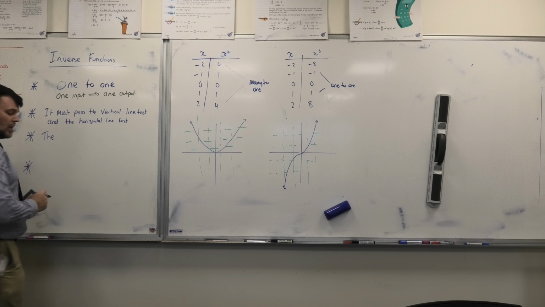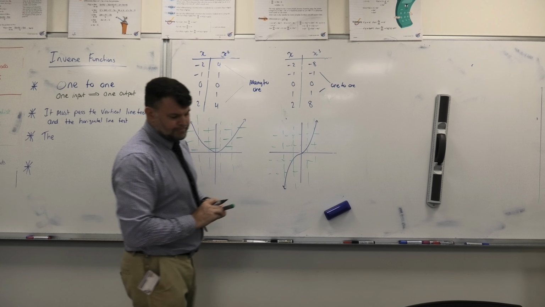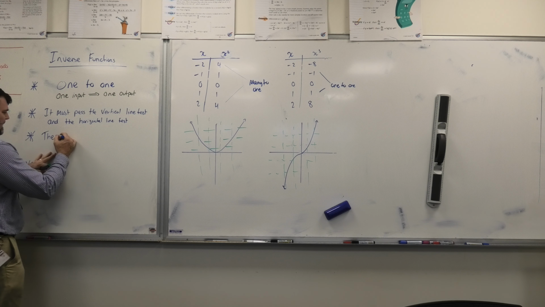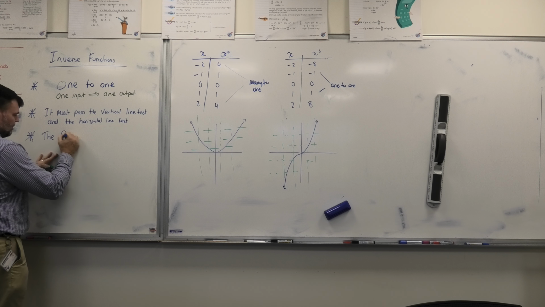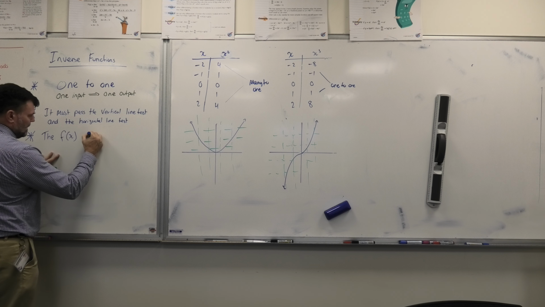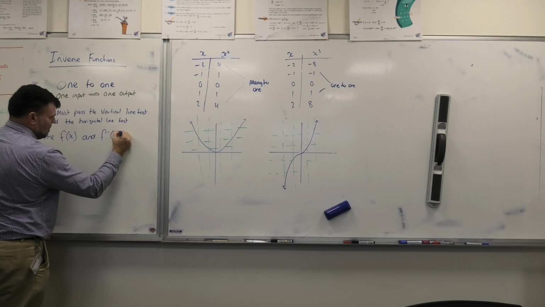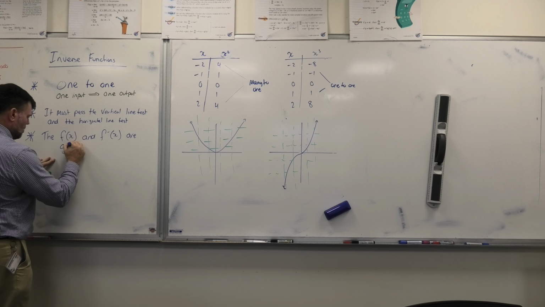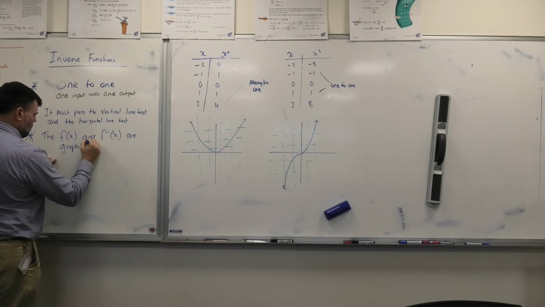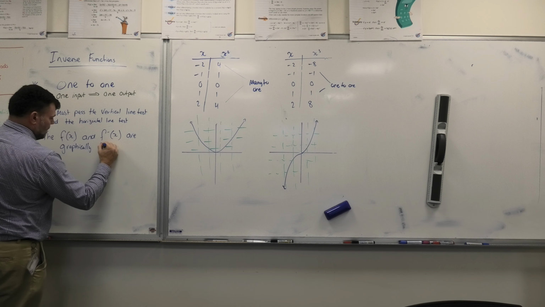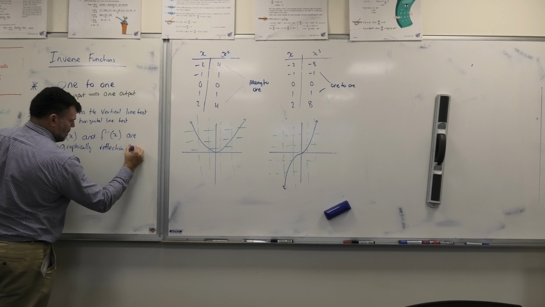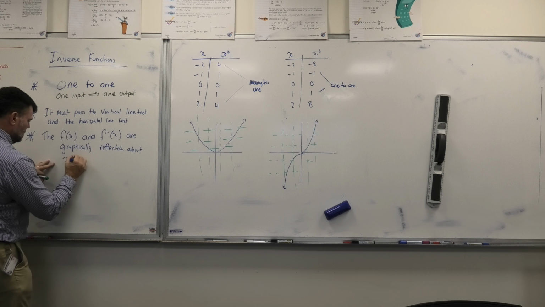The third rule we can have here is that the function and its inverse are graphically reflections of each other, reflections about the line x equals y.